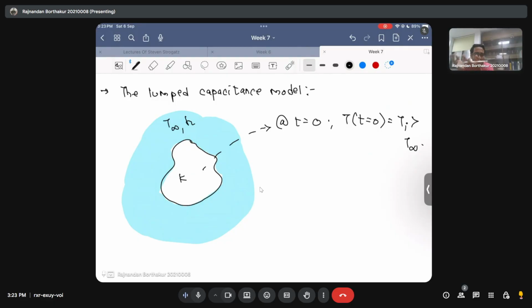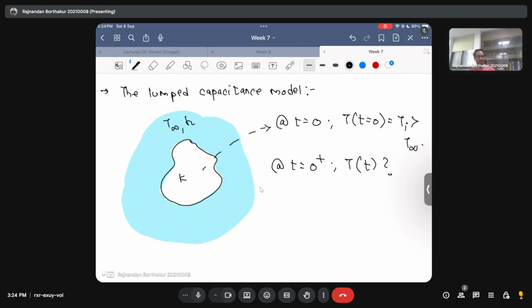What people are interested to see is how the temperature actually varies with time, disregarding the variations of temperature in space. That's the reason why this analysis is known as the lumped capacitance analysis. At time t equal to 0, you are taking the body to an extremely high temperature, Ti, which we call the initial temperature. And as time progresses, at t equal to 0 plus, you are interested to know what the temperature profile of the body is.